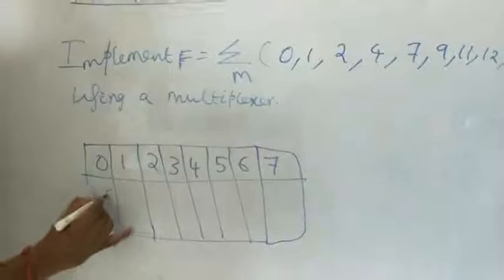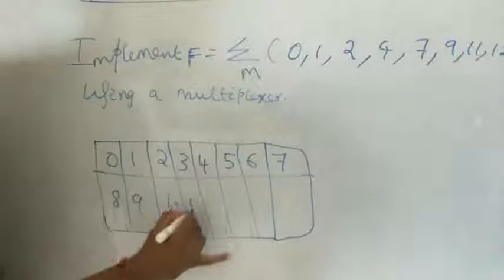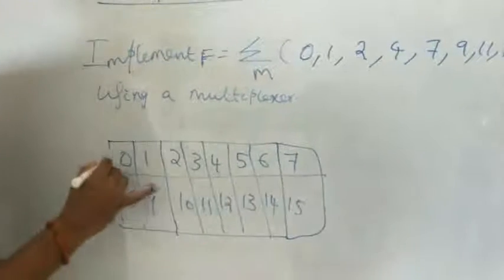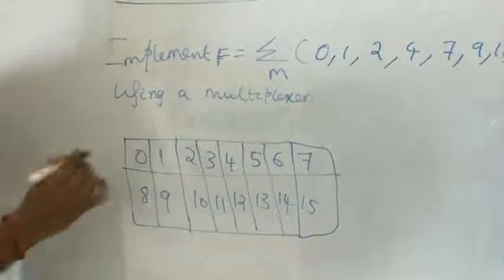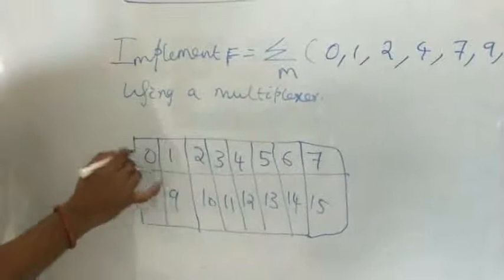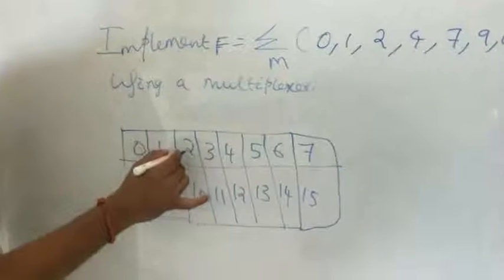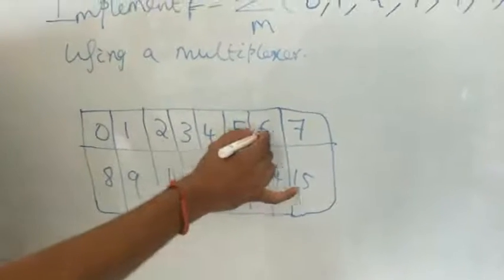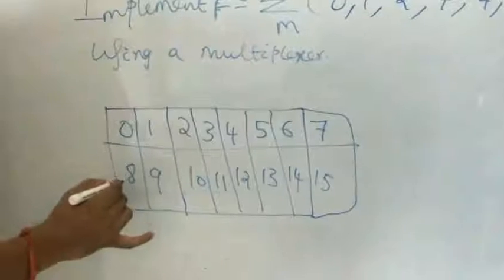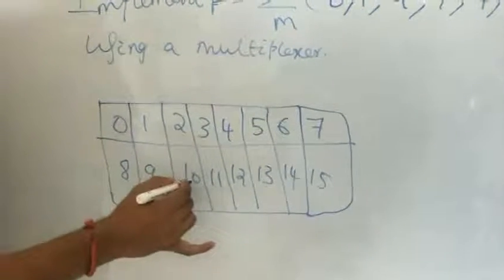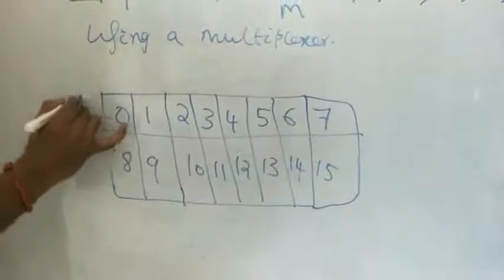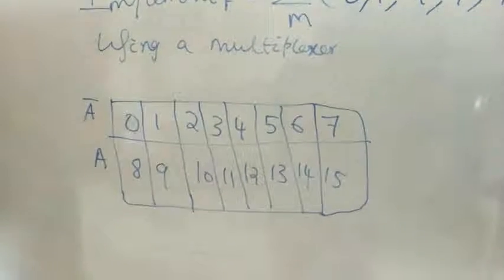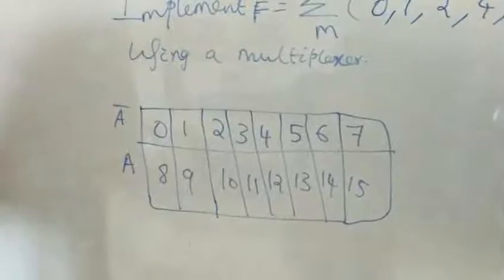For the second row it is 8, 9, 10, 11, 12, 13, 14, 15. As I already told you, the first row represents the values that start with 0: 0000, 0001, 0010, 0011, 0100, 0101, 0110, 0111. Here 1000, 1001, 1010 and so on. This row is designated as A dash. This second row, which starts with the bit 1, is represented as A.